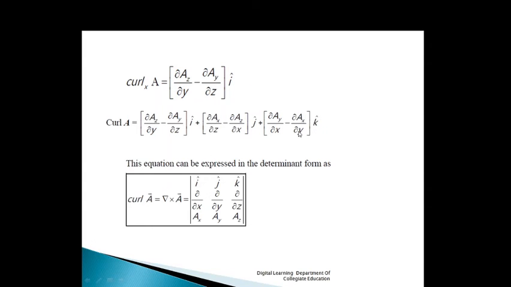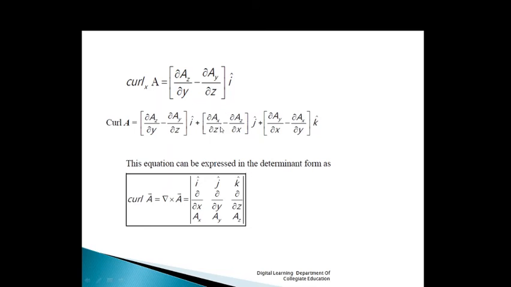This equation can also be expressed in a different form: curl of vector A equals del cross vector A, which can be represented in determinant form. To know the i cap component, we have to cross multiply: ∂Az/∂y minus ∂Ay/∂z.